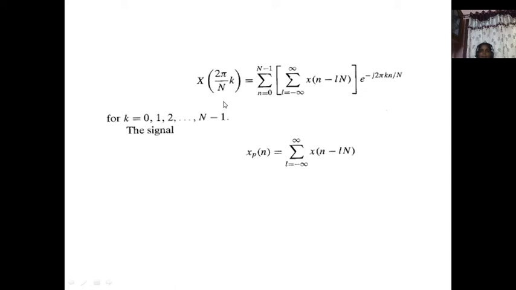So the X of omega formula equals summation n equals 0 to N minus 1, x of n, e power minus j omega n, with omega equal to 2 pi by N into k.